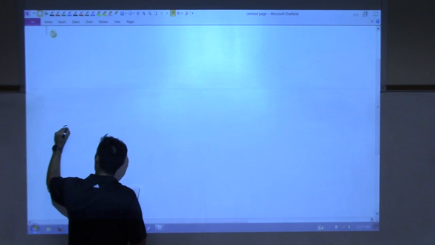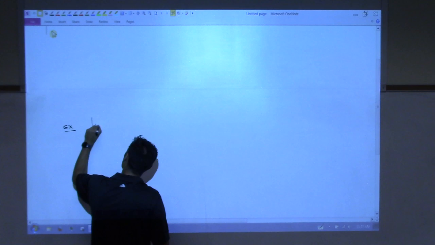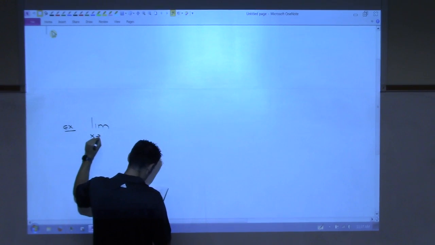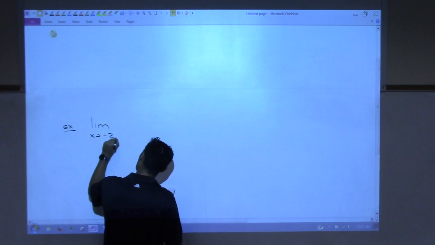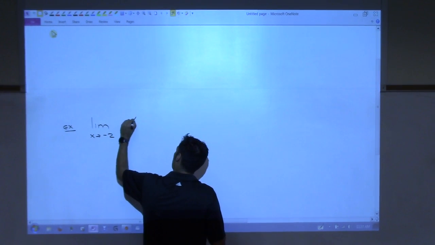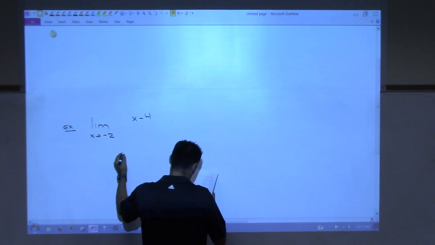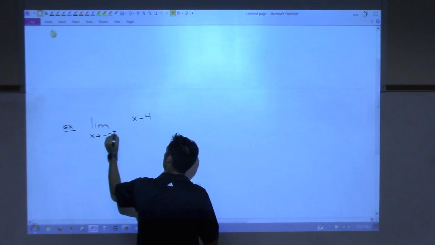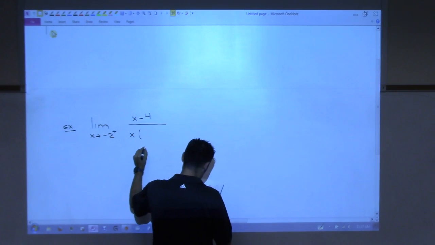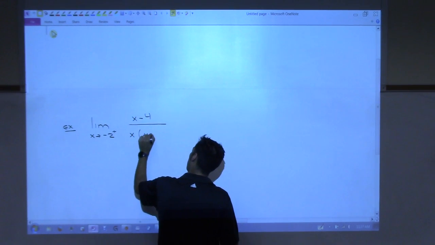All right, try this. Limit as x approaches negative 2 from the right side of x minus 4 over x times x plus 2.